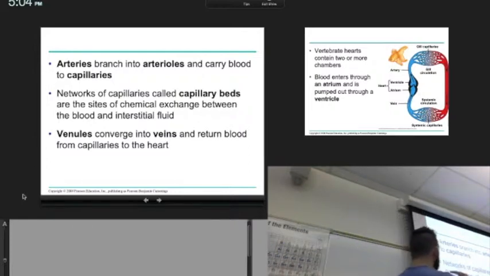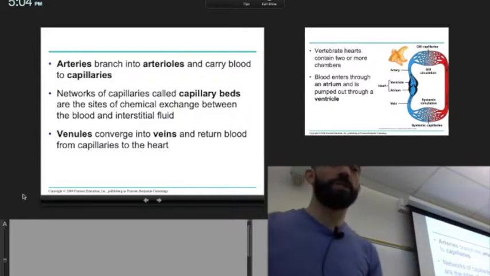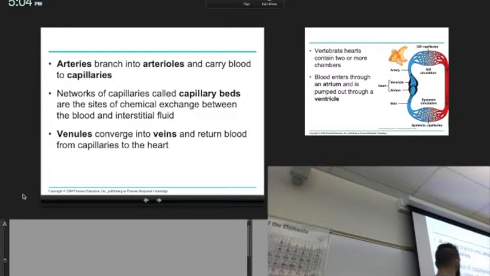When you have huge networks of really thin capillaries, that gets referred to as a capillary bed, and that's the site of gas and chemical exchange between blood and interstitial fluid in organisms that have closed circulatory systems.